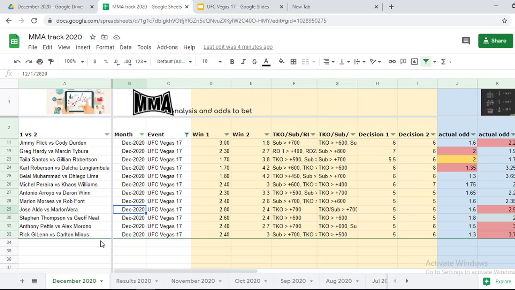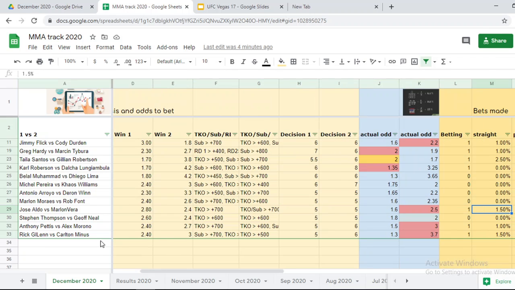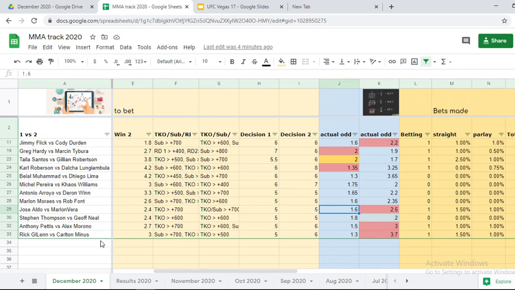Should be somewhere here. Yeah, it's here. So actually, the round betting I would also be putting here. I forgot to put it, but I like Marlon Vera very much on round 3, and I would be getting him if I can get plus 1300 or something, or even KO or sub in these lines. All right, so I'll be adding all of the round betting in these columns here.